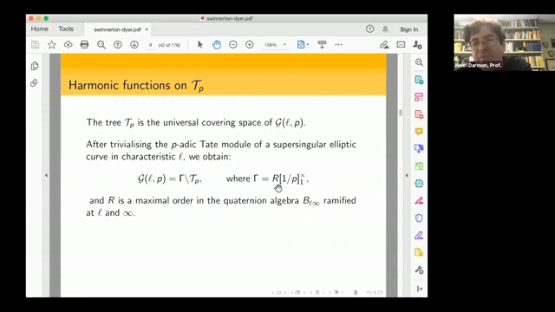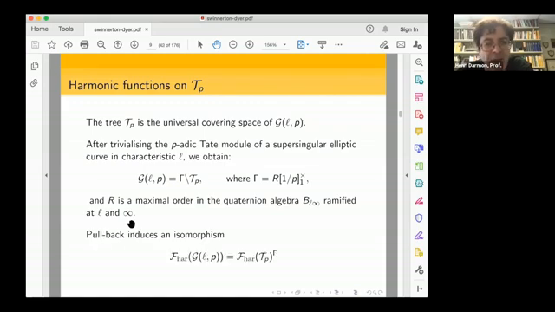But when I invert p, one can show that there's actually a unique such group up to conjugation. So this group Gamma is actually well defined up to conjugation. And this quaternion algebra is the one which is ramified at L and infinity. So it's the algebra that arises as the endomorphism algebra of the supersingular elliptic curve in characteristic L.